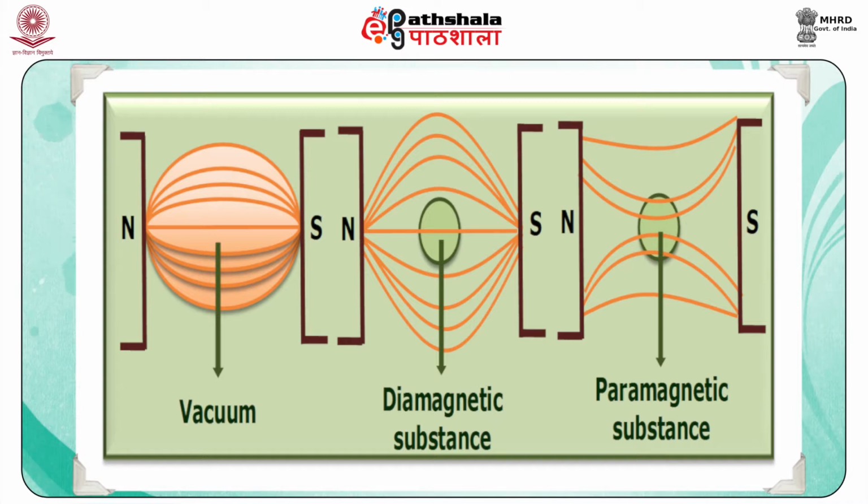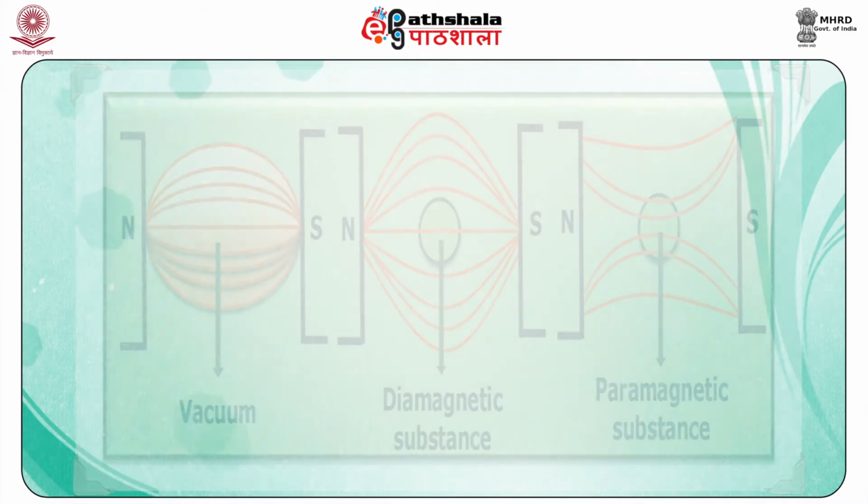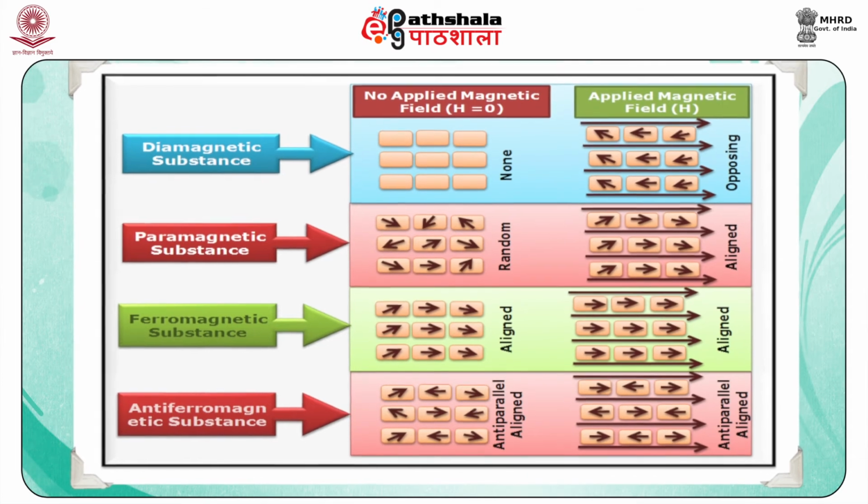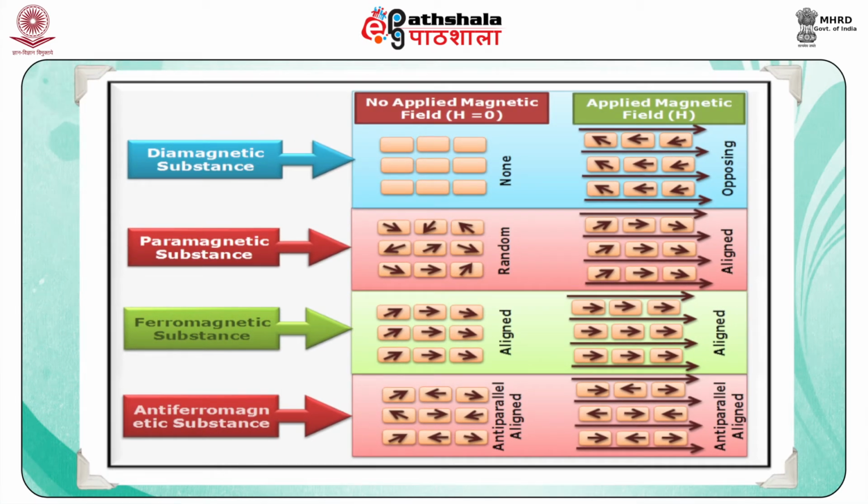Therefore, it prefers to move to the region of the highest magnetic field strength. In paramagnetism, the atoms or molecules of the substance have net orbital or spin magnetic moments that are capable of being aligned in the direction of the applied field.